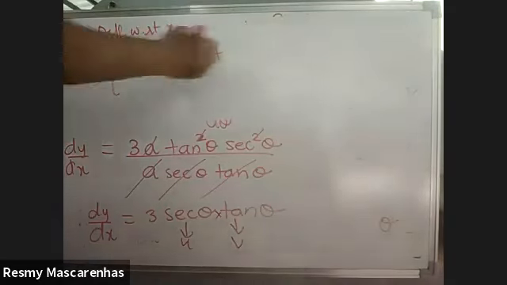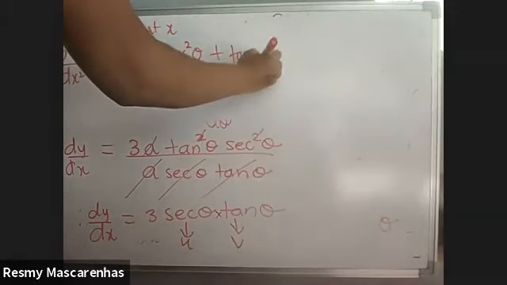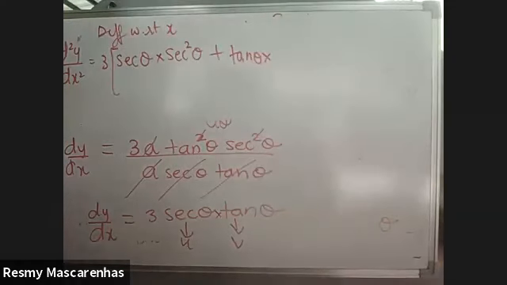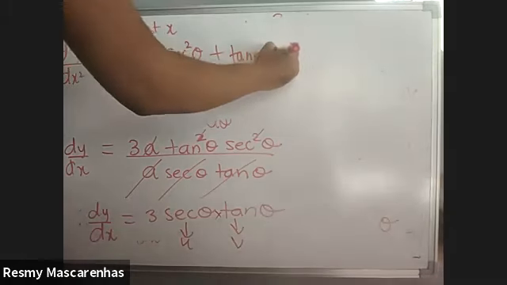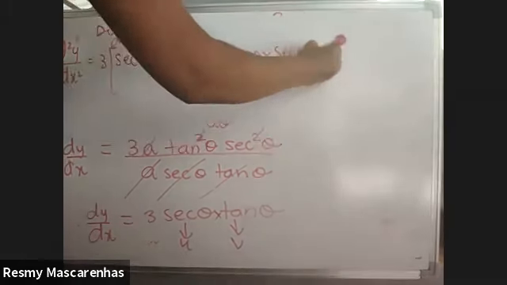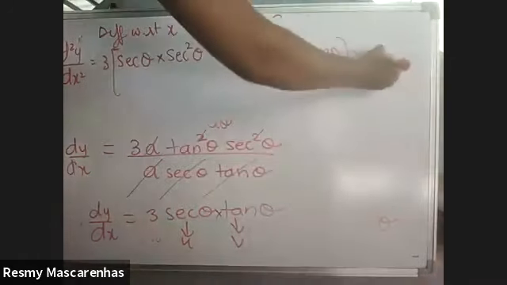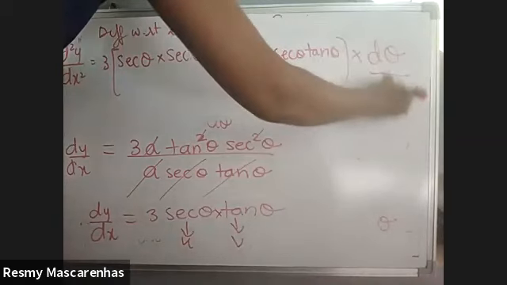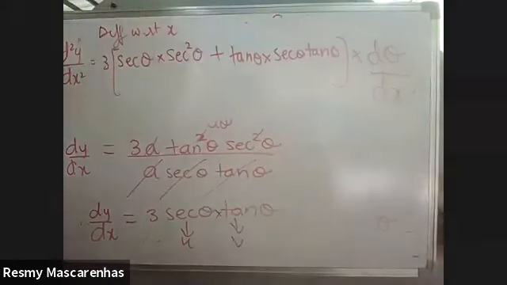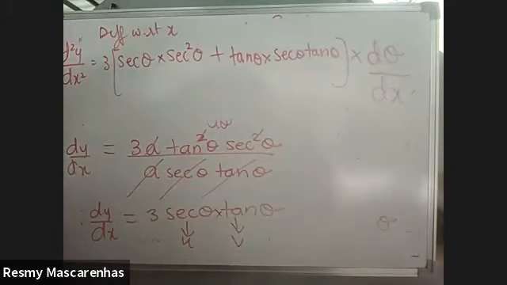v into derivative of sec theta. It is nothing but sec theta tan theta into extra, don't forget this, d theta upon dx. Okay, so that is d theta upon dx.